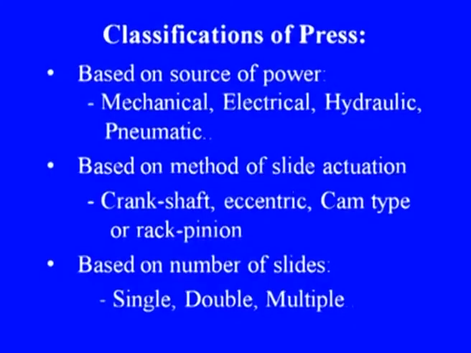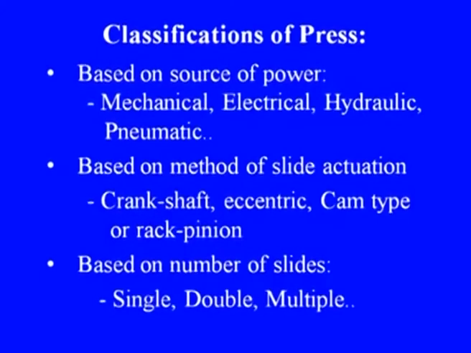Then different types of presses are classified based on source of power. For example, mechanical, electrical, hydraulic, pneumatic, etc. They can also be classified based on method of slide actuation, for example, crankshaft, eccentric, cam type or rack and pinion type.